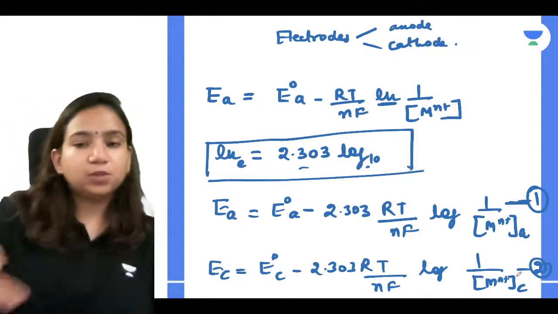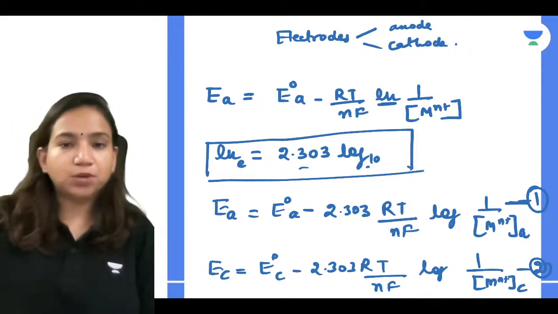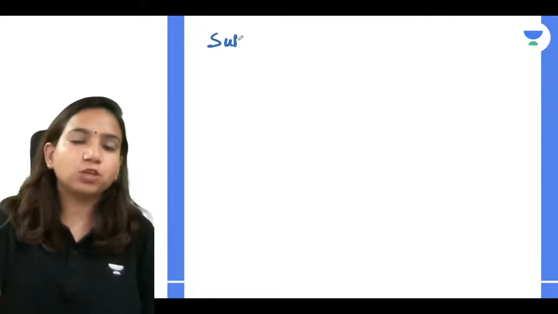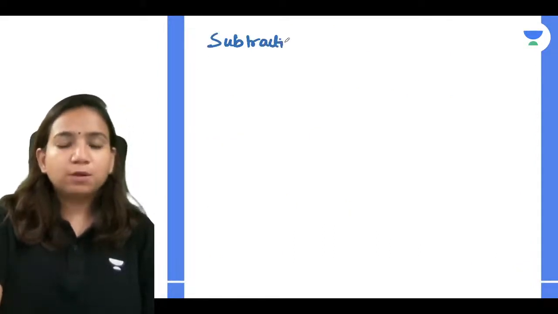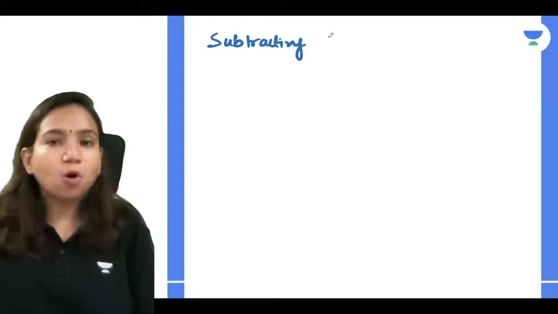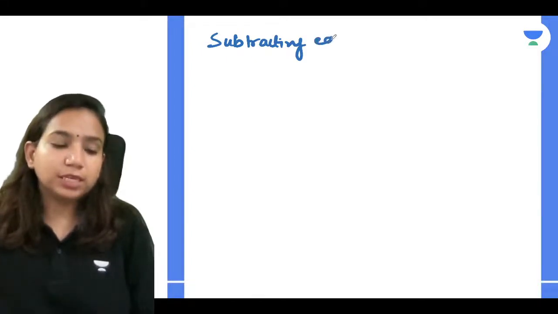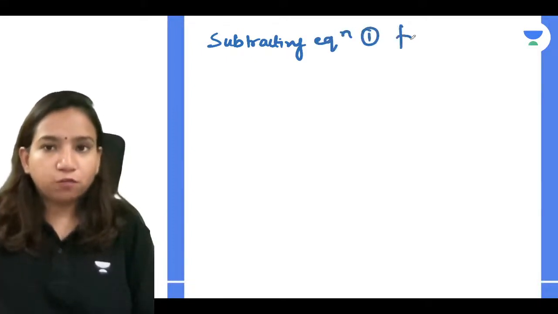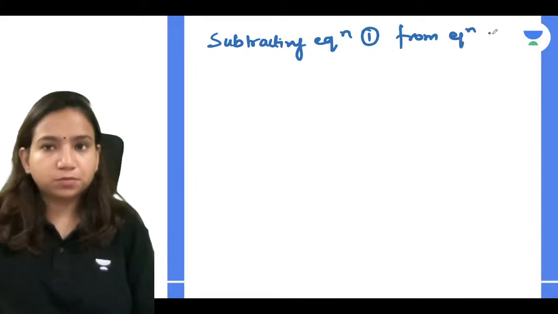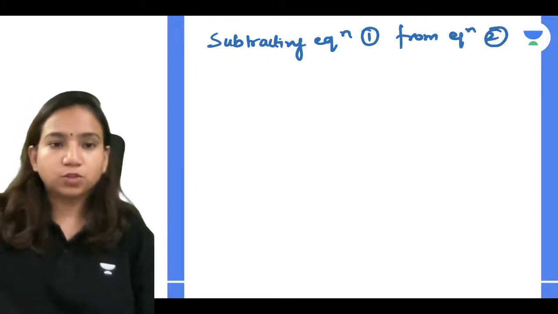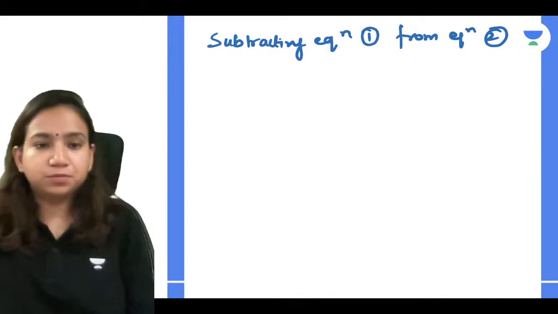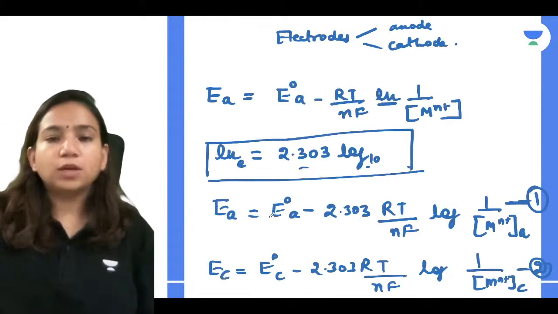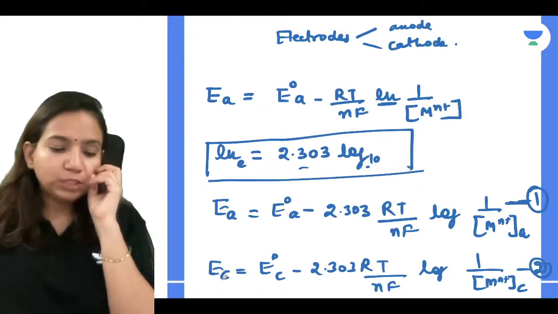The next step is subtracting equation 1 from equation 2, because you know that E cell is E cathode minus E anode. Equation 1 is E anode, equation 2 is E cathode.